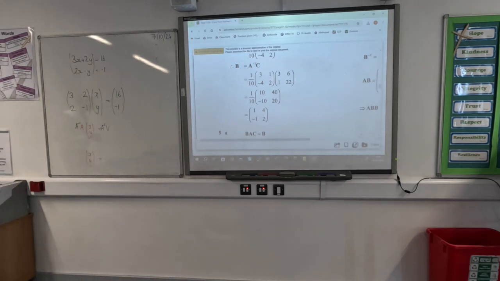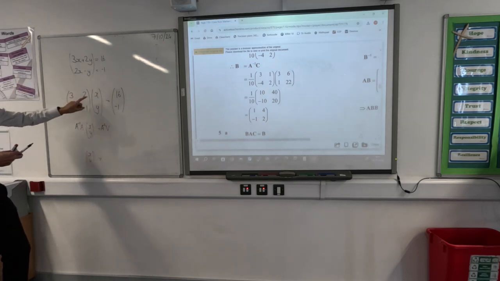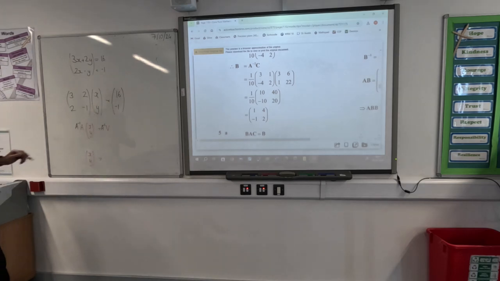Let's multiply both sides by the inverse matrix. And what that means is on this side, you just get (x, y). It cancels it out. And so the answer to this problem is just the inverse of that matrix multiplied by v.